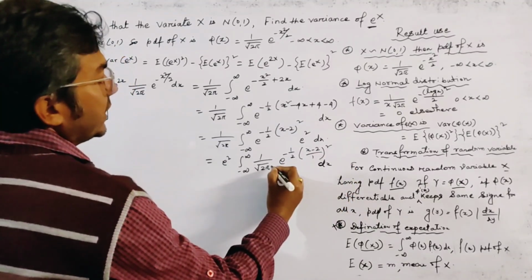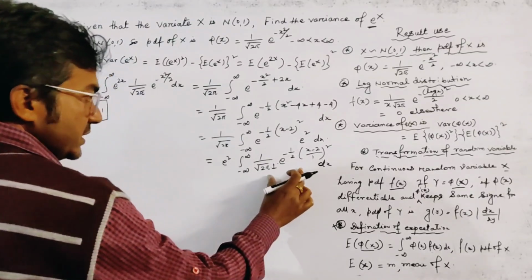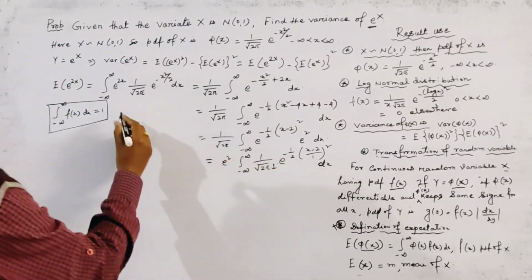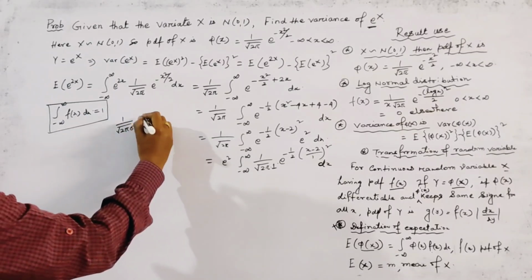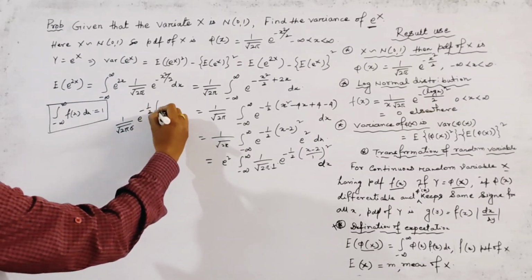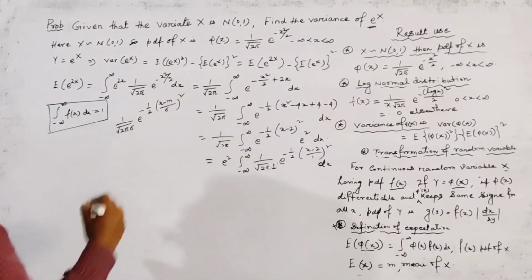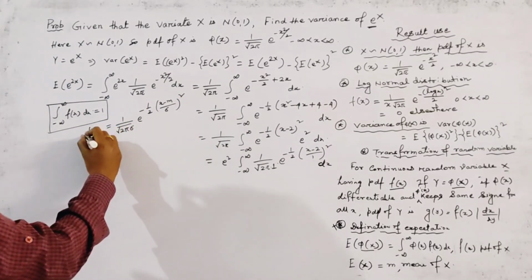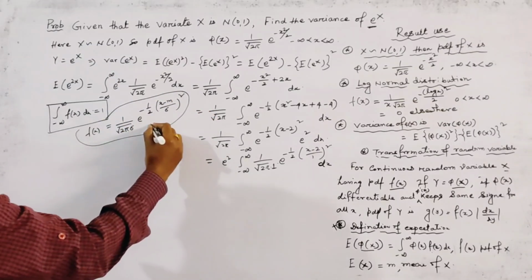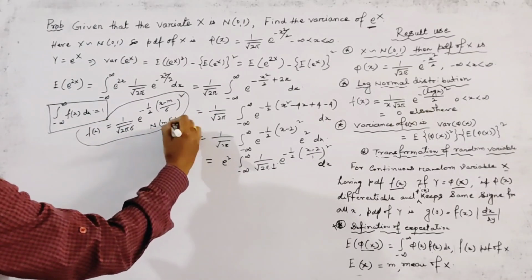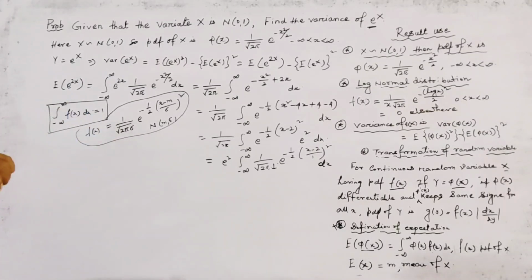We write another 1 here, and it is clear that this function is like 1 by root 2 pi sigma e to the power minus half into x minus m by sigma whole square. This is nothing but the PDF of normal m sigma, and the integration of this fx we already said is 1.